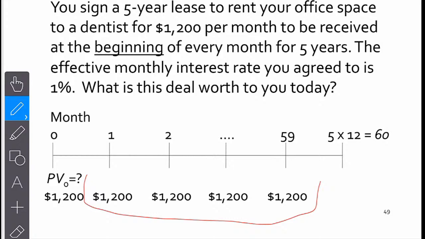Because that starts 1 period from today and goes to 59. So this part is an annuity, except I'm missing this one. So why don't I just make this an annuity with 1 less and add back the 1 today?